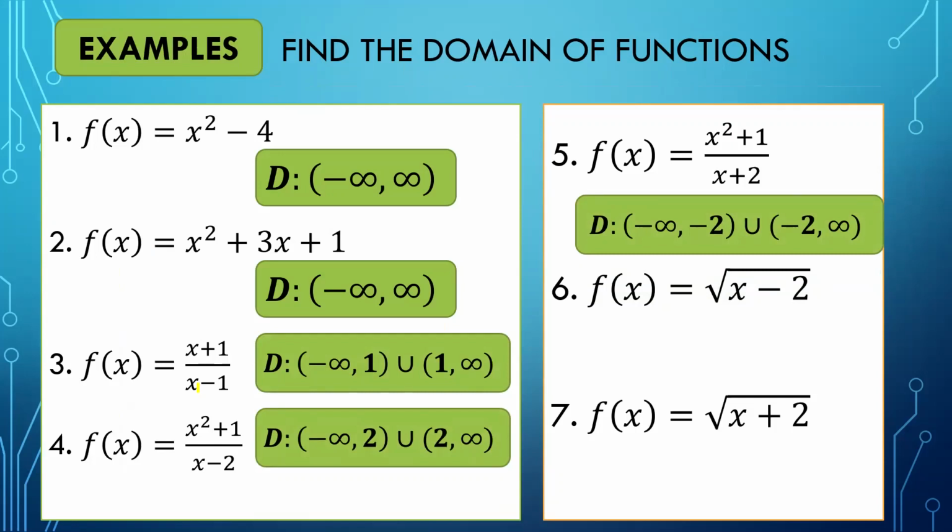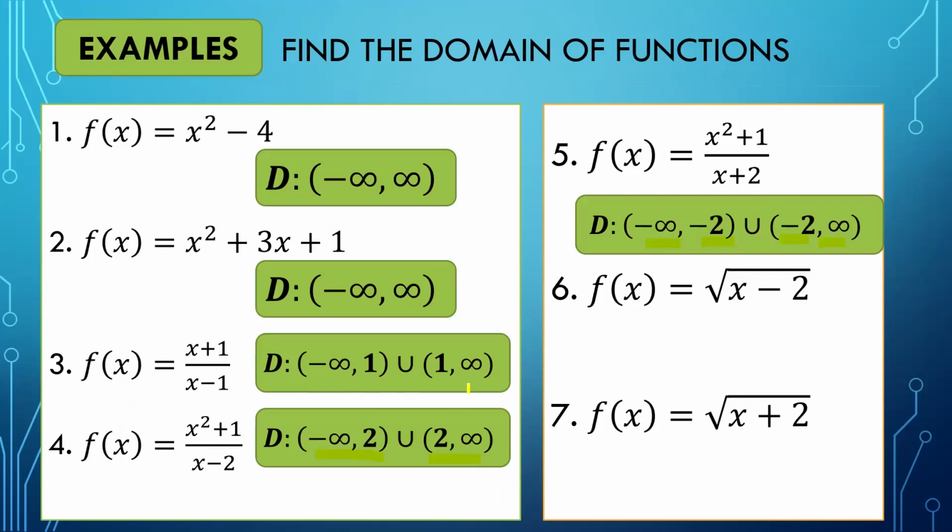For number 4, it is from negative infinity to 2, union 2 to positive infinity, since the moment x is equal to 2, the given expression will be undefined. Number 5, negative infinity to negative 2, union negative 2 to positive infinity. We exclude negative 2, since it will give us a 0 denominator, and that is undefined.